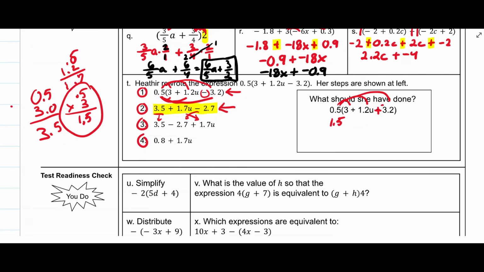So we'll take our calculator out. We're going to multiply this. That's going to be 5 plus 6. We'll move it over 1, 2, 1, 2. So this is going to be 6 tenths u. And then our last one, 5 tenths times negative 3 and 2 tenths.